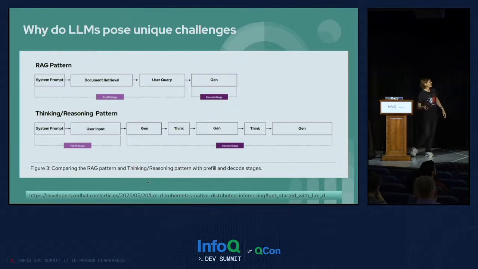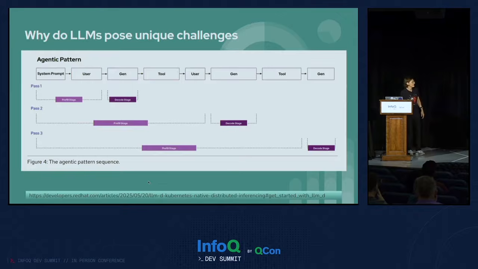So these are the two patterns, and here's another one, agentic, and this could also apply to code generation applications. They're called multi-turn patterns, where the same prompt is sent iteratively, and each time it appends, and you can see that the prefill stage gets a lot longer. The decode phase then generates tokens one at a time, passing through the whole model each time.